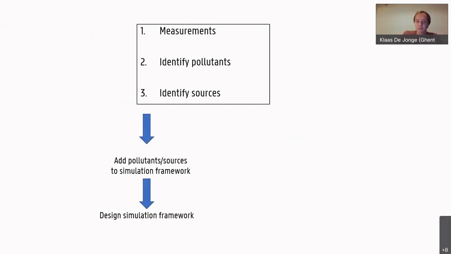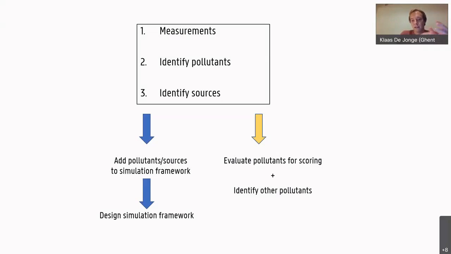So you can add it to a simulation framework, and based on that, make your design simulation framework. And on the other hand, look into evaluating pollutants for scoring when you have measured the VOCs. Important point there is that if you do measurements, typically, again, you'll find the pollutants you're interested in that are part of the framework, but you'll also find the other pollutants.